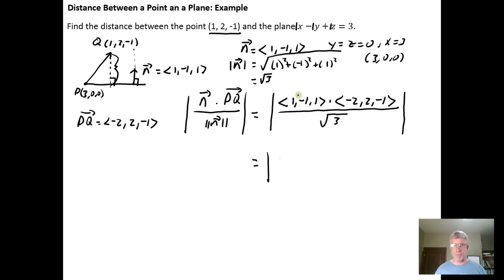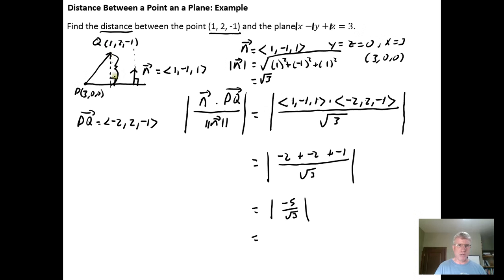We take that dot product in the numerator, so we get 1 times -2 is -2, plus -1 times 2 is -2, plus 1 times -1 is -1. It's all over the square root of 3, which is -5 over the square root of 3. So the distance, by definition, is always positive. So the distance from the point Q to the plane is just going to be 5 divided by the square root of 3.